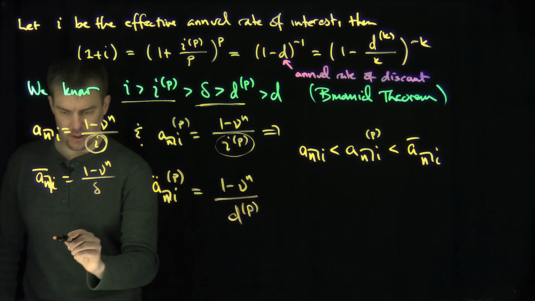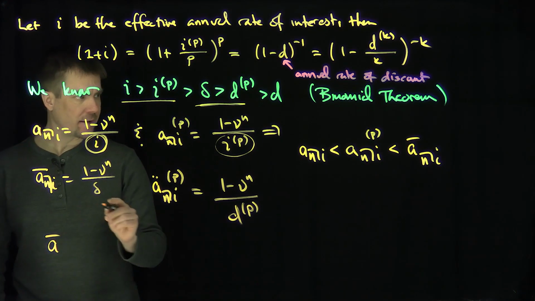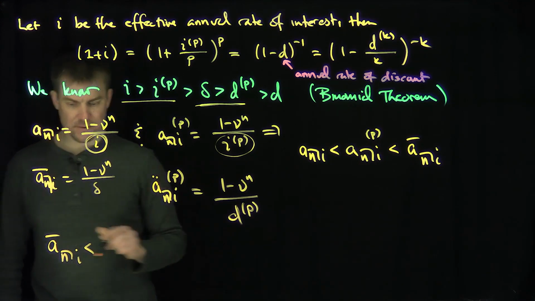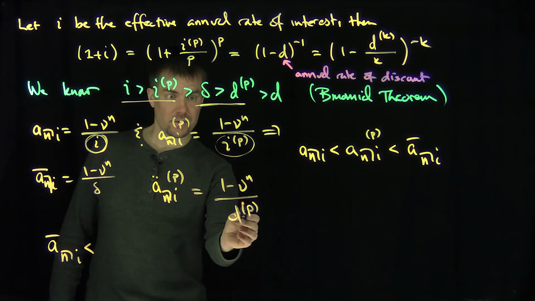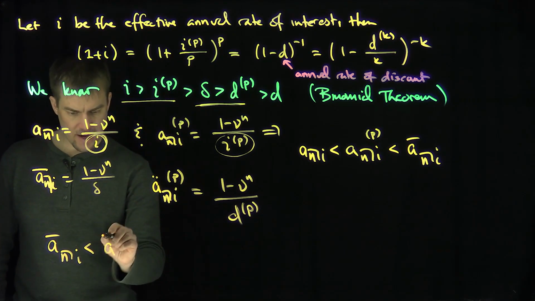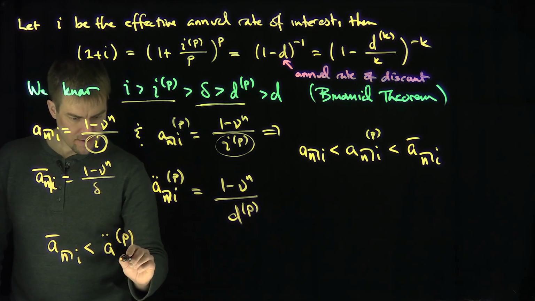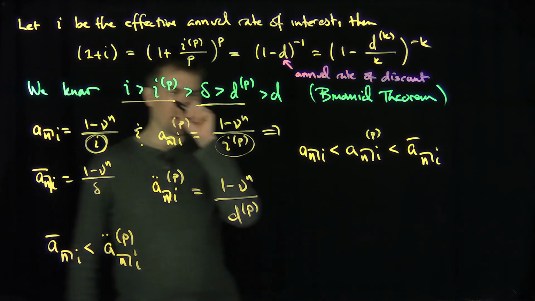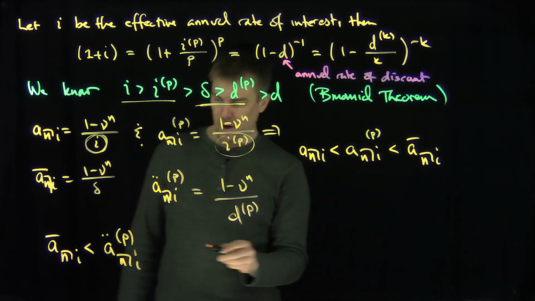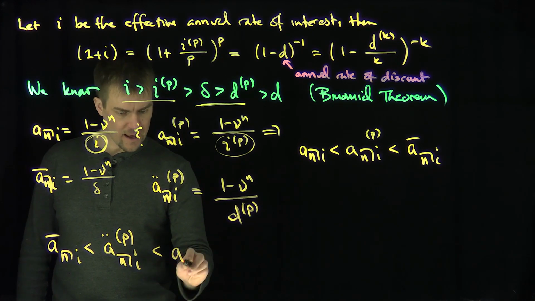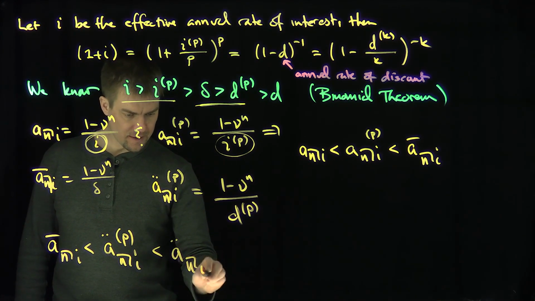So that tells me that a-bar angle n is less than, this is going to be bigger still, a double-dot^(p) angle n at i. And finally, d is the smallest of them, so for the same reason this is less than a double-dot angle n at i.